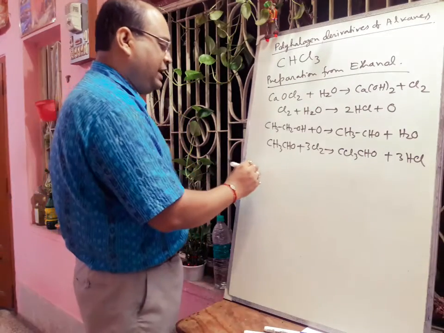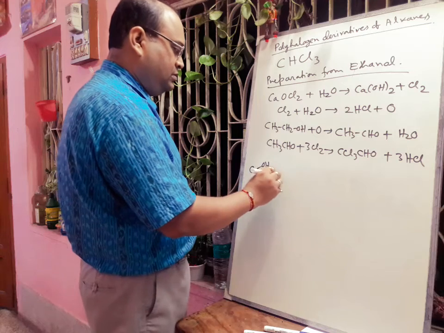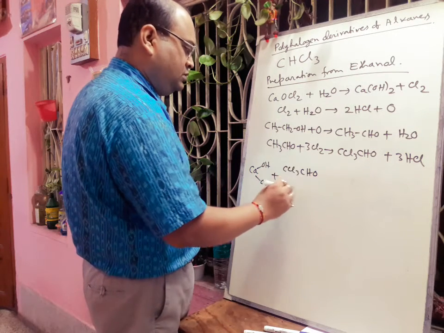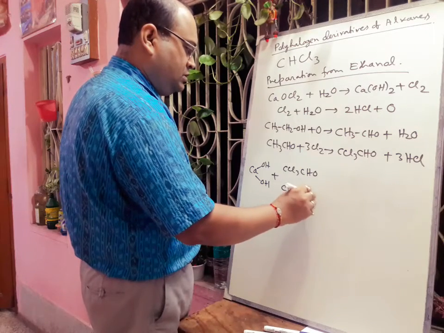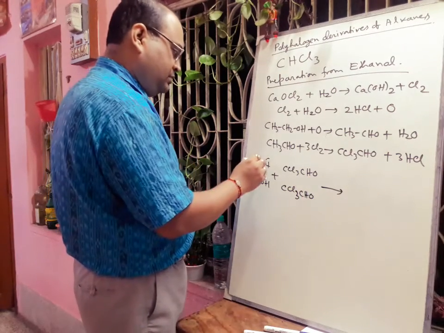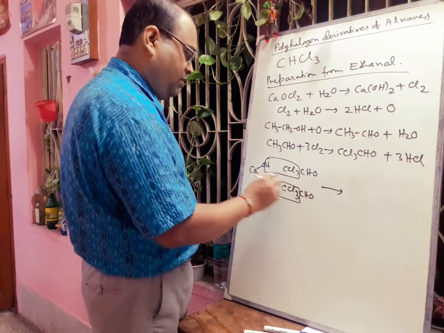So here we have to take calcium hydroxide plus CCl3CHO, that will produce, here it will form one chloroform and this one also forms one chloroform.